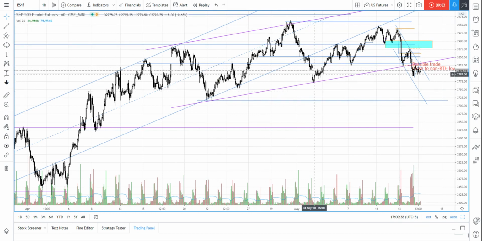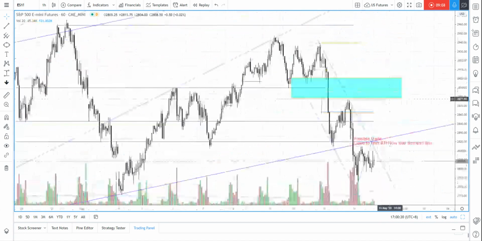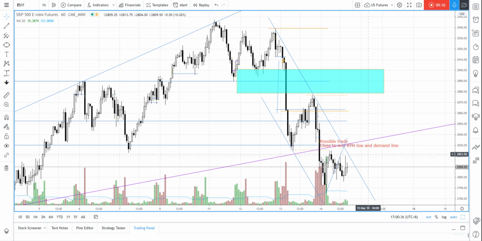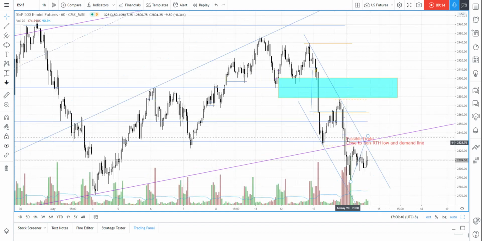For day trading, possible trades are to initiate a short entry, and if it can bounce off from 2790 to 2800, then it probably can initiate a long entry for the counter trend trade.